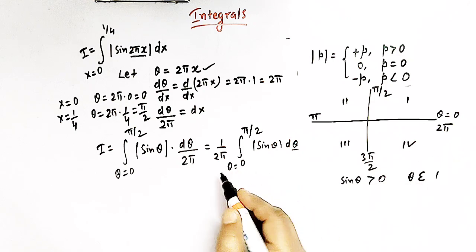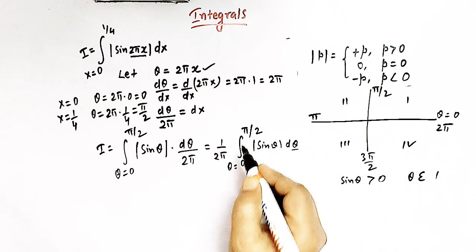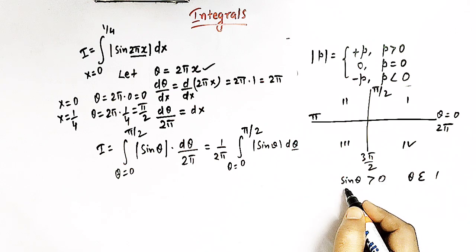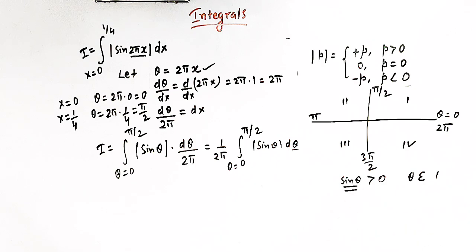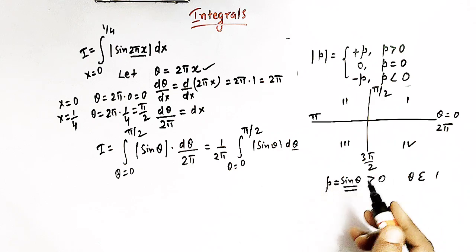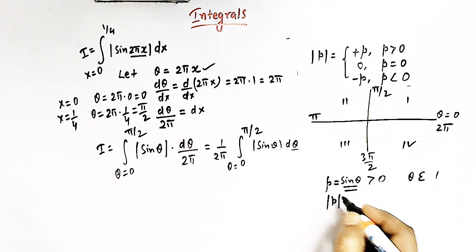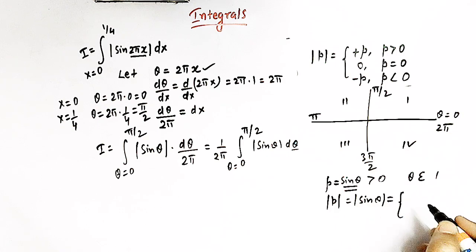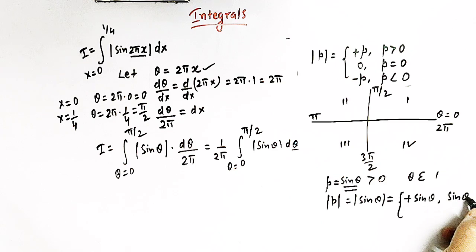In other words, when theta belongs to the interval 0 to pi by 2, sine theta is always positive. So if we take sine theta as p, then mod of sine theta is equal to positive sine theta when theta belongs to 0 to pi by 2, right?